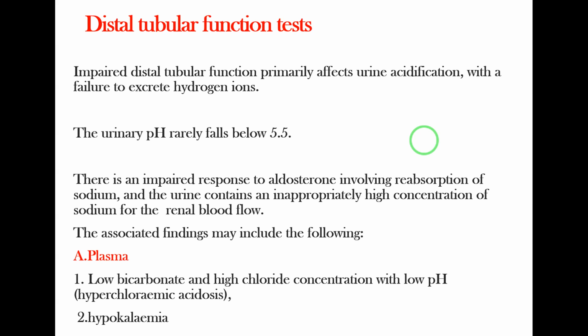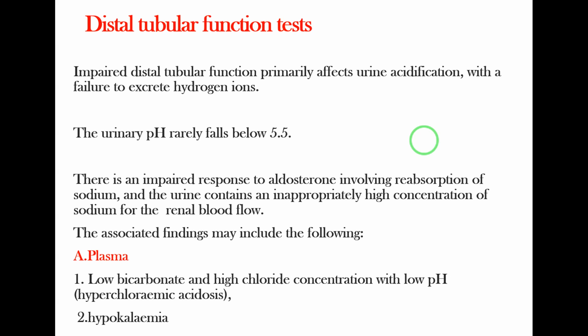Aldosterone is a mineralocorticoid that is secreted from the adrenal cortex. It is normally responsible for reabsorption of sodium. In this condition, the response to aldosterone will be impaired, so there will be no reabsorption of sodium, and the urine contains a high concentration of sodium.